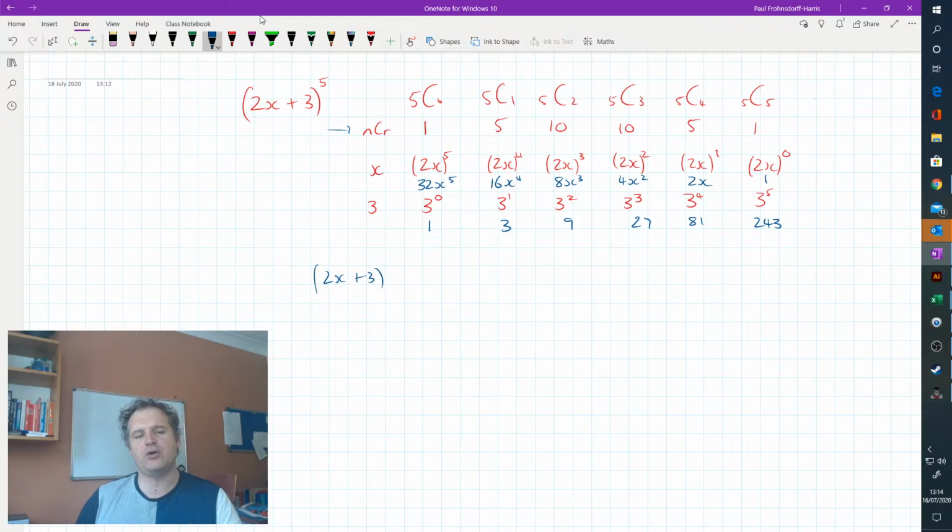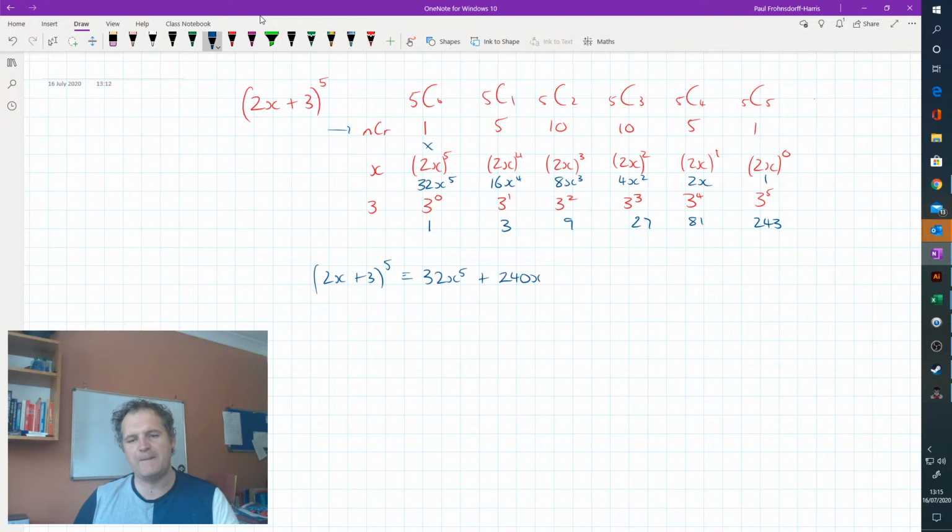Now the reason this is useful doing it separately is because then the actual terms you want, so the 2x plus 3 all to the power 5, you just times everything together. So I've got 1 times 32 times 1 is going to be 32x to the power 5. It goes straight to the right terms. Then we've got 5 times 16 is 80 times 3 is 240.